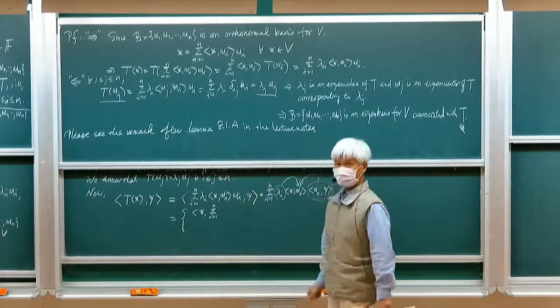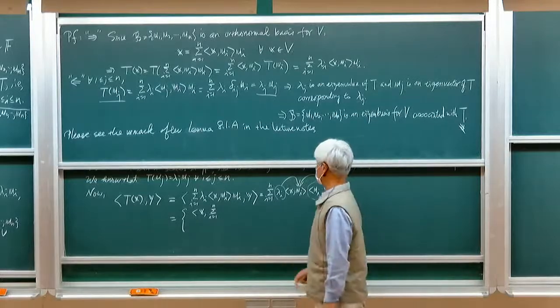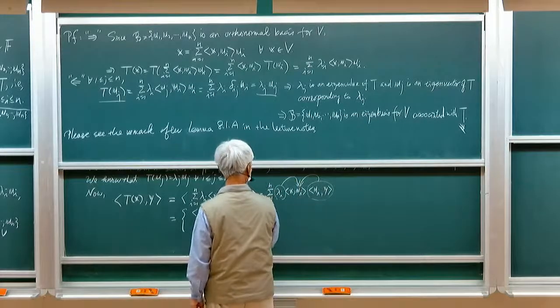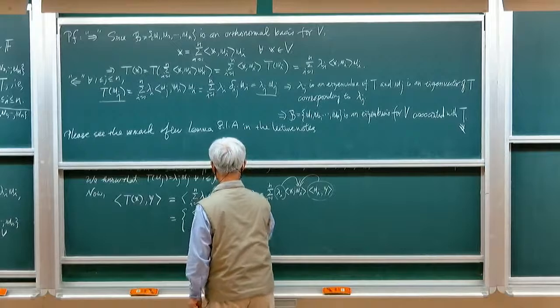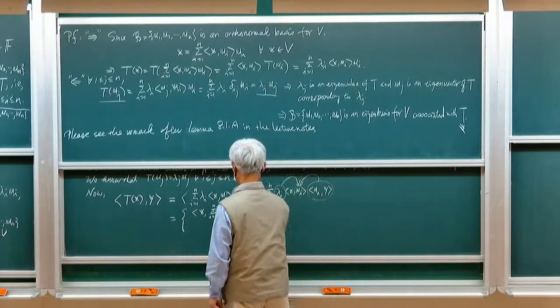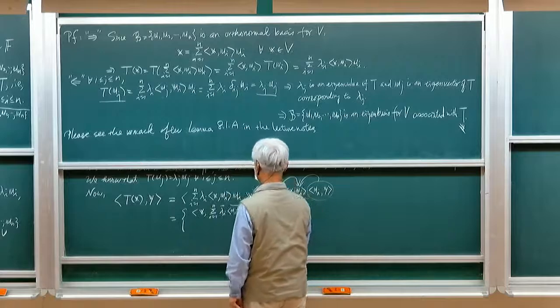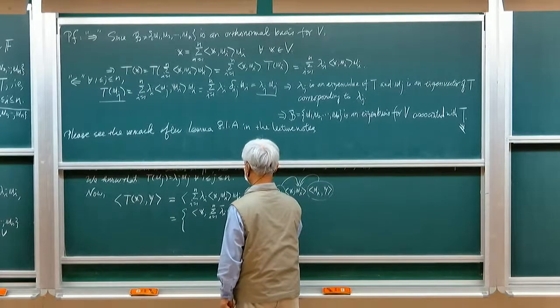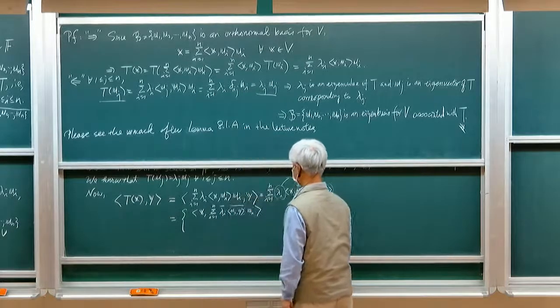Now, if we are in the complex case, then we have to take the complex conjugate here, and the complex conjugate here, and the u_i.